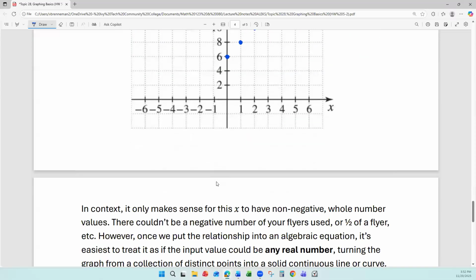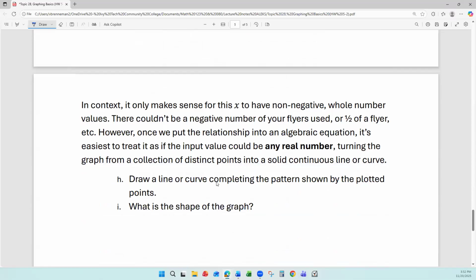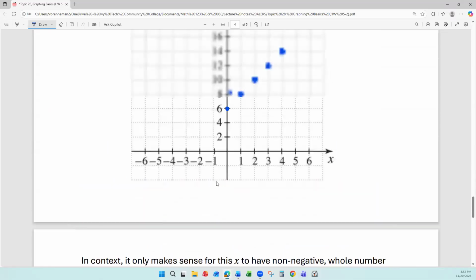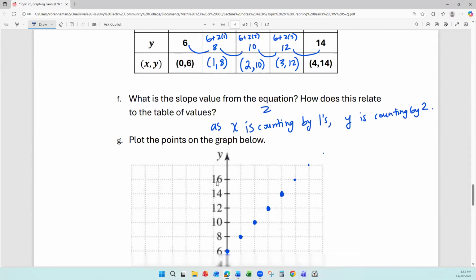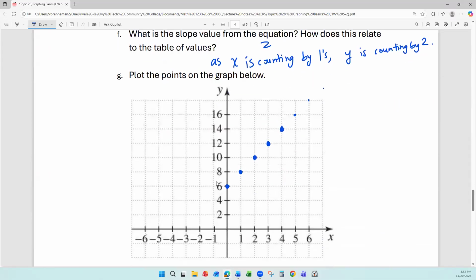But now we're going to move away from the context and just look algebraically at the graph of y equals 2x plus 6. So the individual points are the cost if x flyers are used.